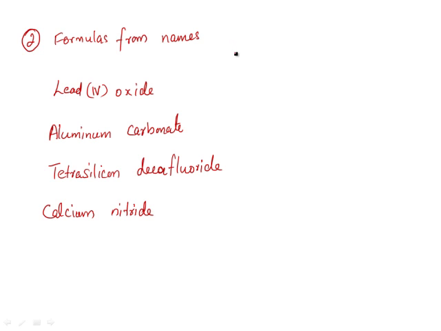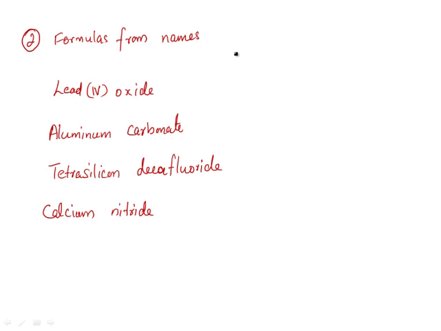when we write the formulas, the basic things to remember, from the names we first have to identify what are the positive ions and what are the negative ions, right? When you write a name, we write the name of the positive ion first, and then the negative ion. So whatever is written first, lead, aluminum, silicon, calcium, is also going to be the first part of the formula, and the other part will give you the second part.